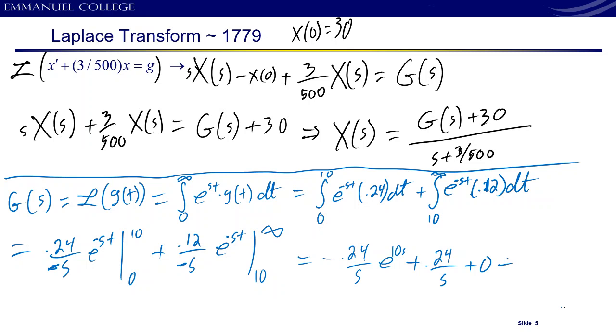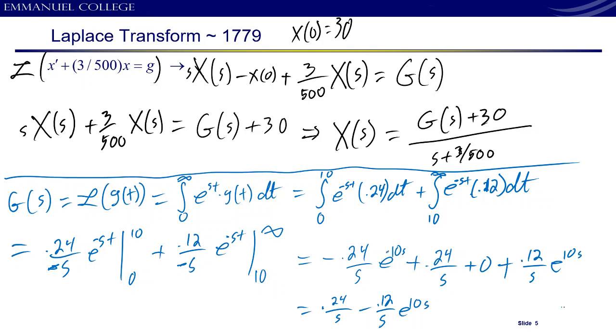And then plus 0.12 over s e to the 10s, which will give us 0.24 divided by s minus 0.12 over s e to the 10s.